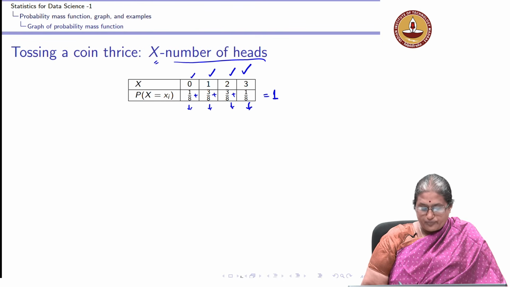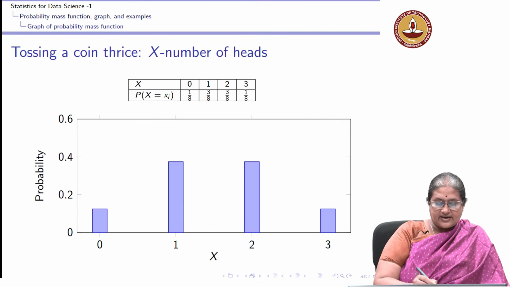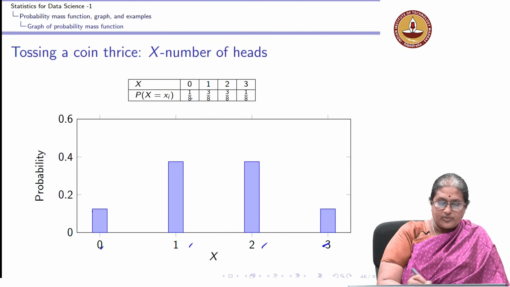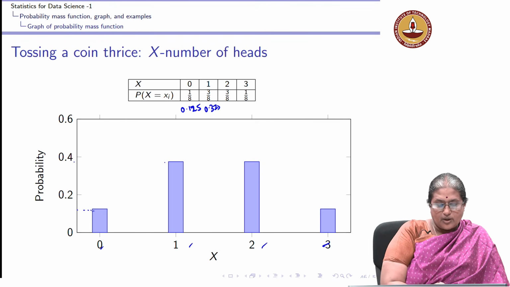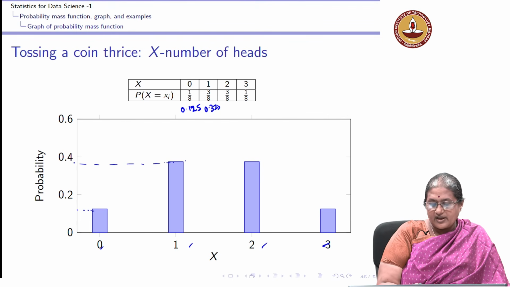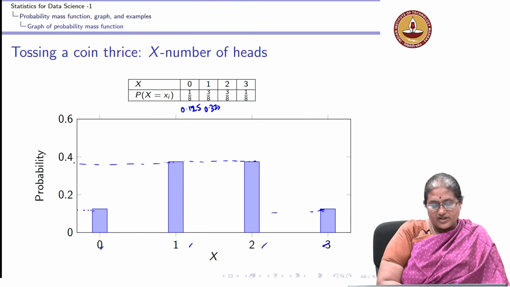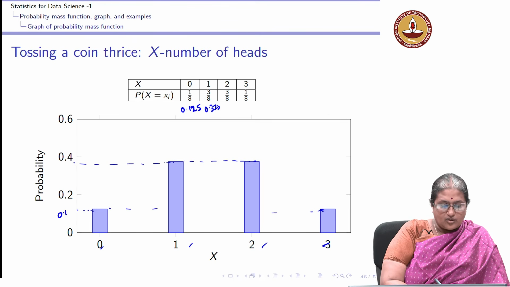Now, again if I plot this, I can see that X takes the values 0, 1, 2, 3 with probabilities 1 by 8 which is 0.125, this is 0.375, again 2 takes 0.375, X equal to 3 is 0.125.